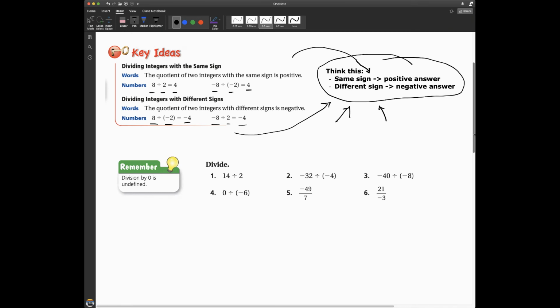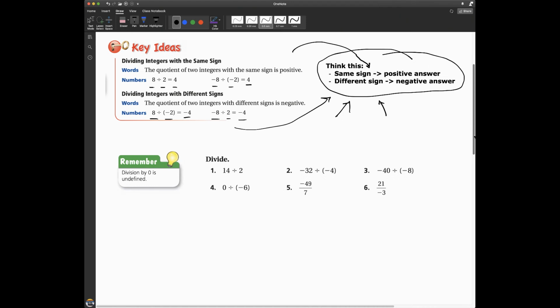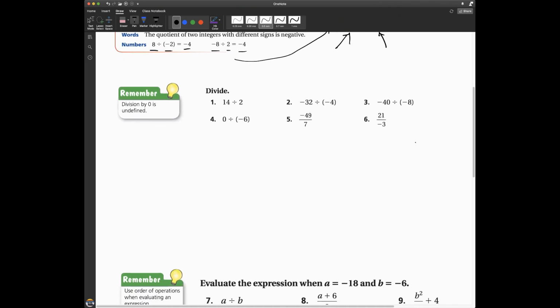All right, there's one little hiccup when we're dealing with division, and that is division by zero. It's undefined, because this is not an advanced calculus class. Division by zero is something that we're not going to deal with. So when I say division by zero, that means problems like this: 6 divided by 0.